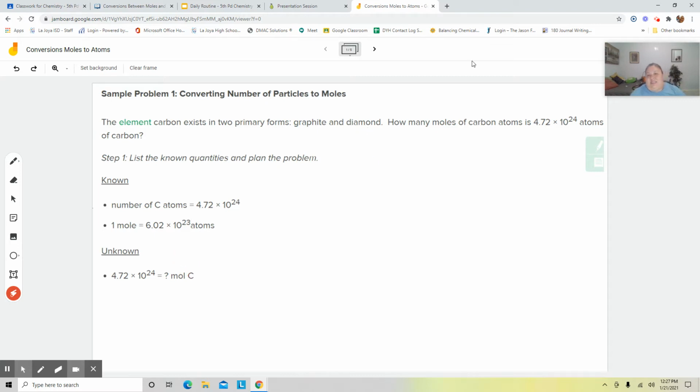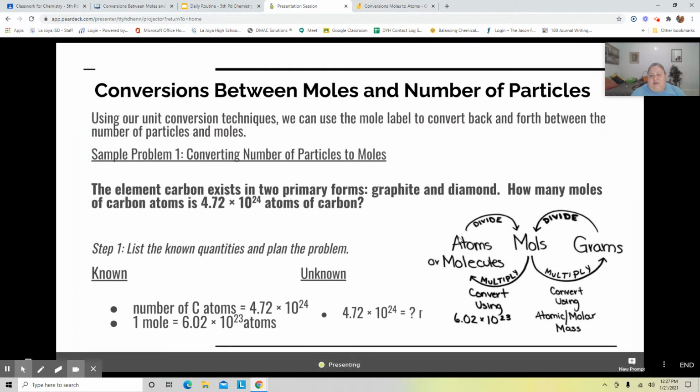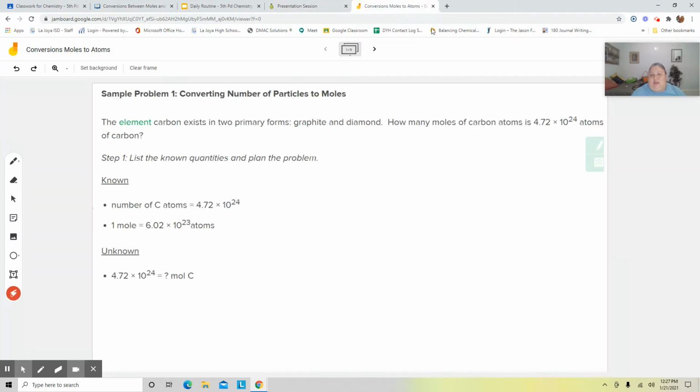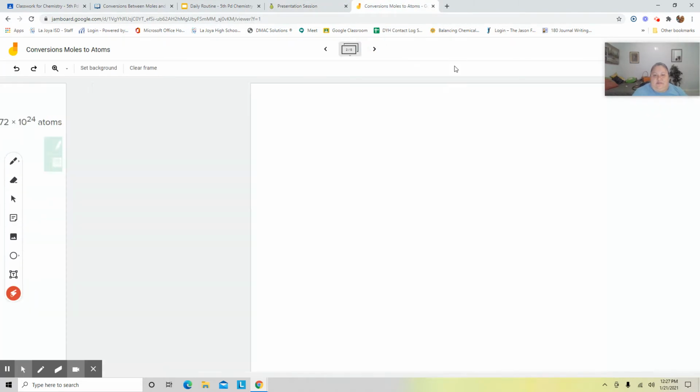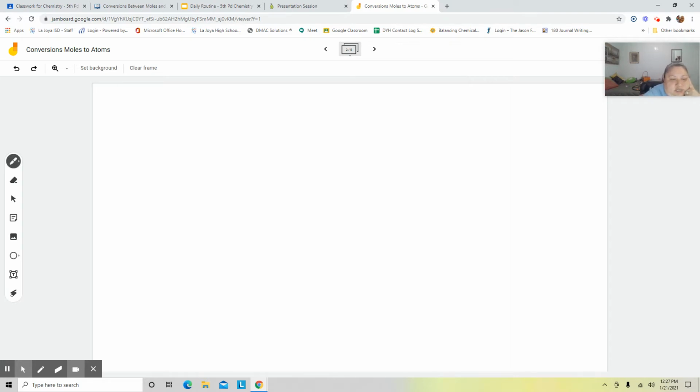So if you look at the diagram and hers, it looks a little different compared to mine. It's the same thing, okay? In my version, I actually show you what to do, okay? Because my students, they get very confused. Sometimes, not all the time.